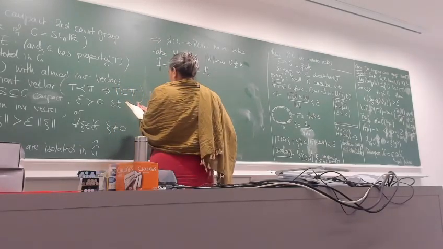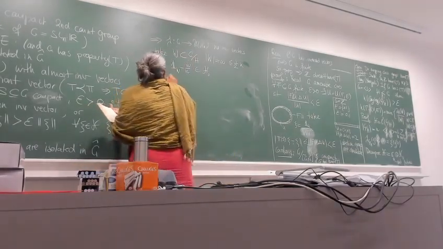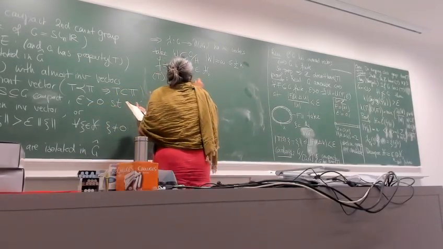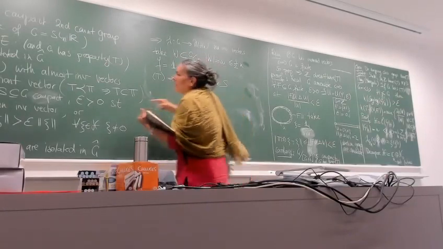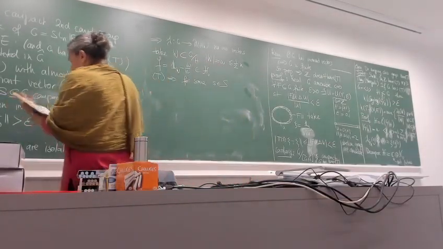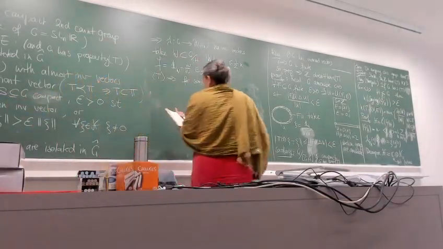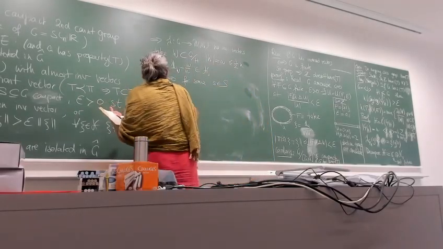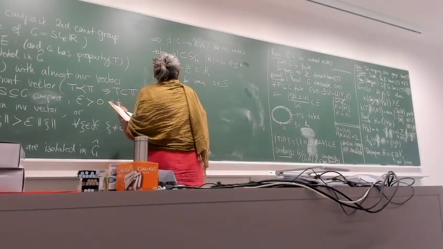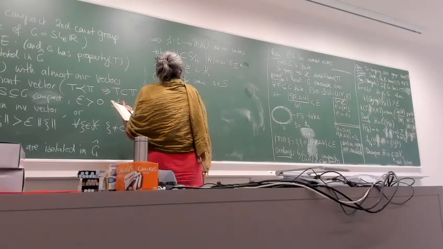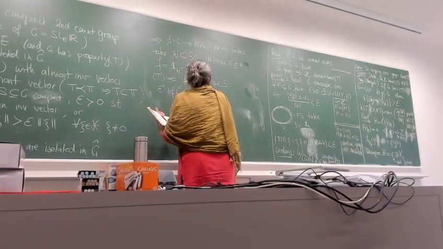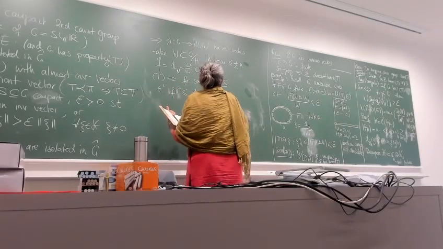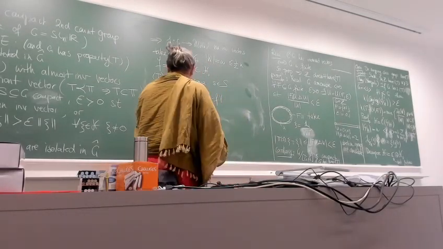So property T implies that for some s in S, epsilon squared times the norm of f squared is less than or equal to the norm of lambda s f minus f squared.